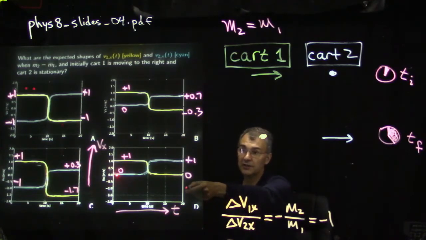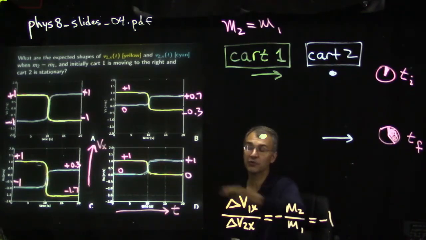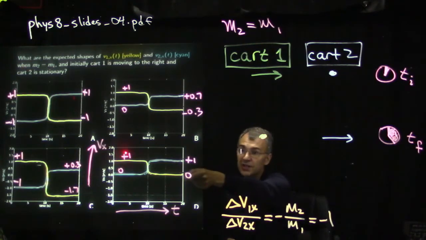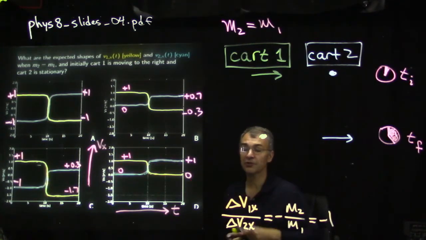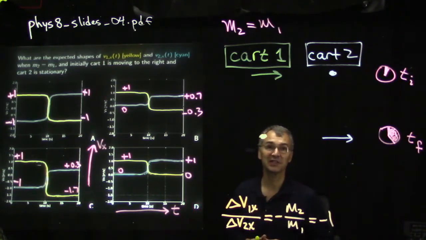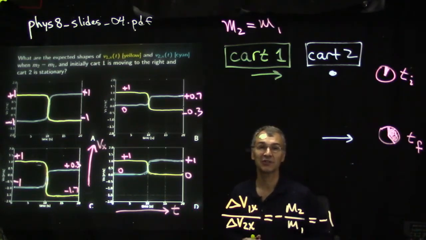So cart 1 goes from +1 to 0 meters per second, and cart 2 goes from 0 meters per second to +1 meters per second. And so this is a change of -1. This is a change of +1. That makes sense. They have the correct ratio of -1. It's also consistent with what we saw in the video. So I think I like D for this one. Let's watch the clip one more time and go on to the next example.